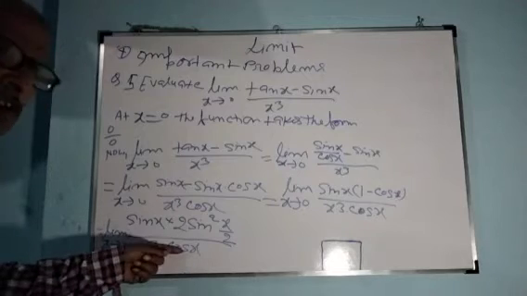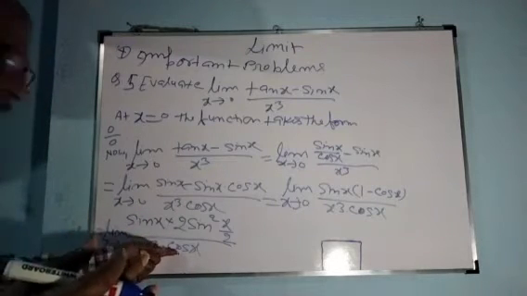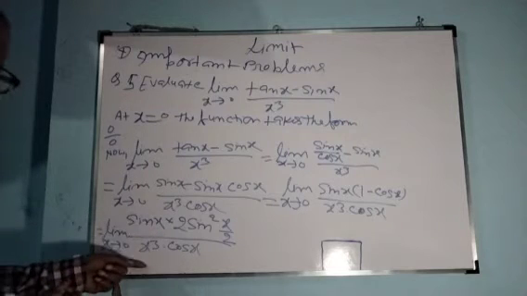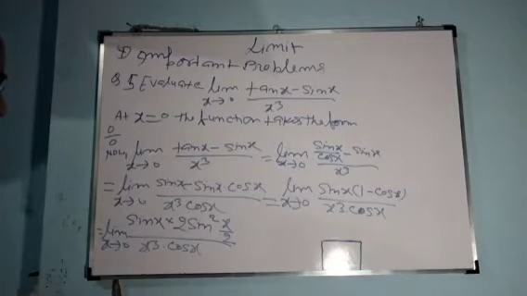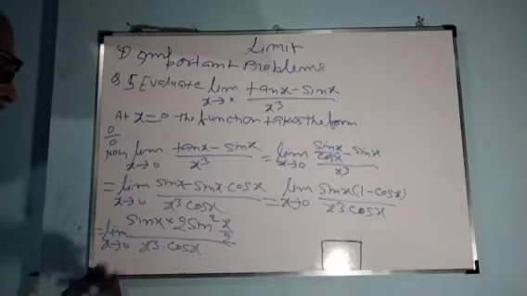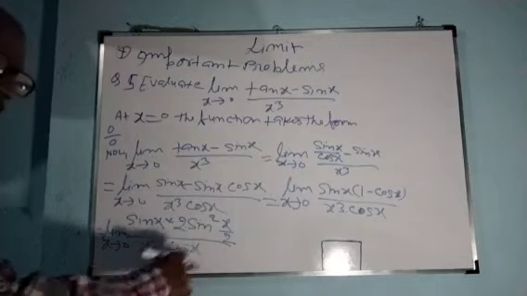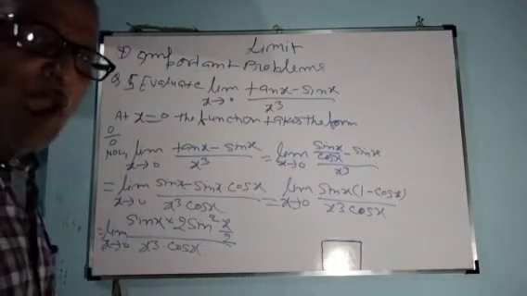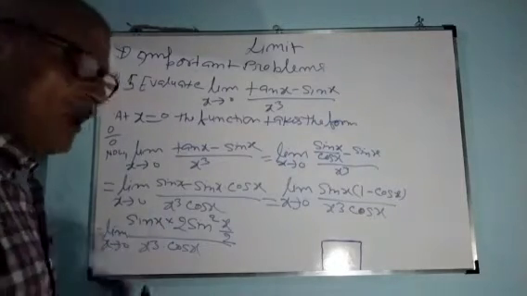Sin x by cos x will become tan x, take here x tan x by x, and also sin square x by 2, this will be x square by 4, and x by 2 whole square.